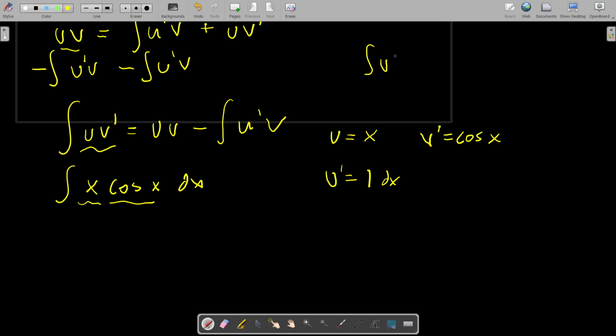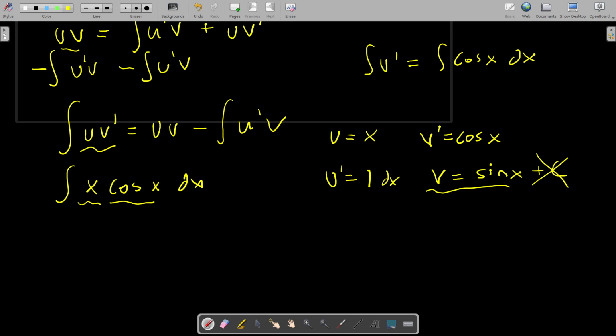So if we take the integral of cos x, we get back v is just equal to sine of x, because the integral of cos x is sine x. And we're going to ignore the constant of integration. We could include this, but the reason we don't is because in the process it just cancels out and it doesn't matter. And we're just left with this.